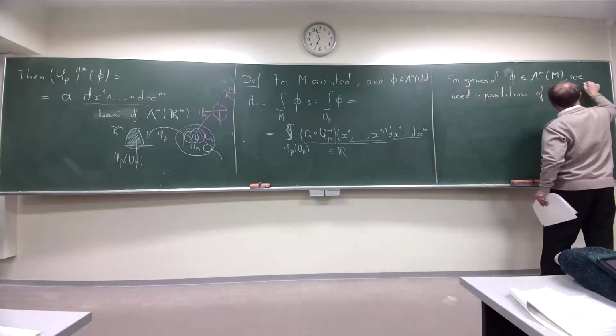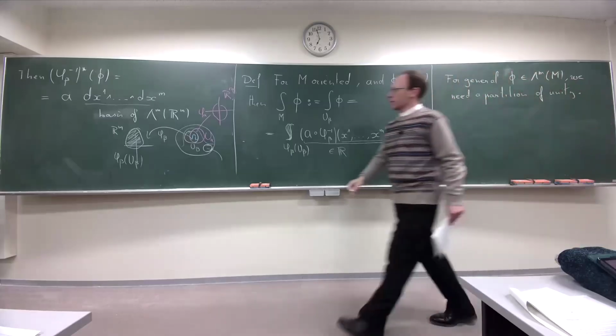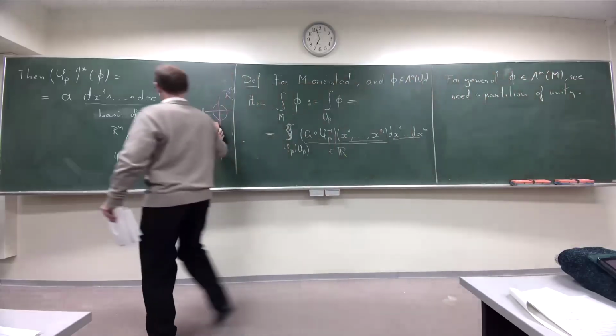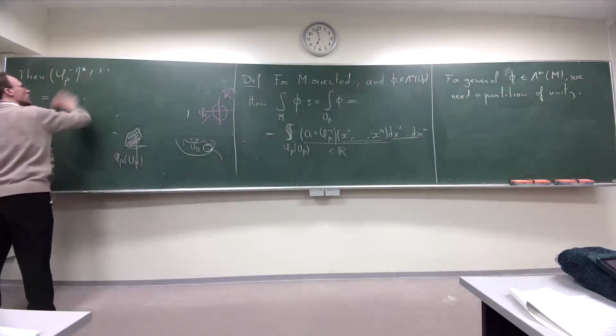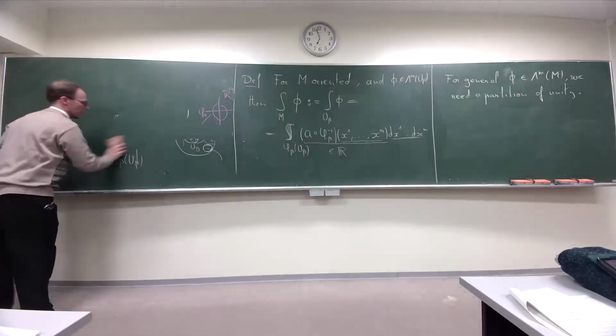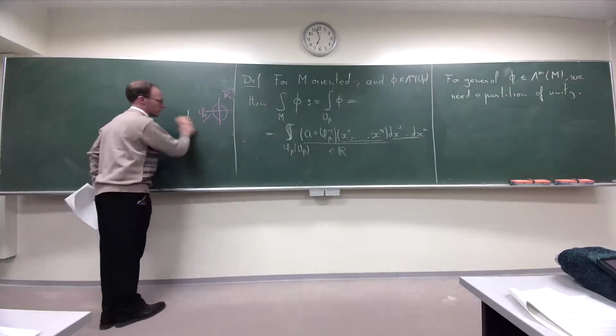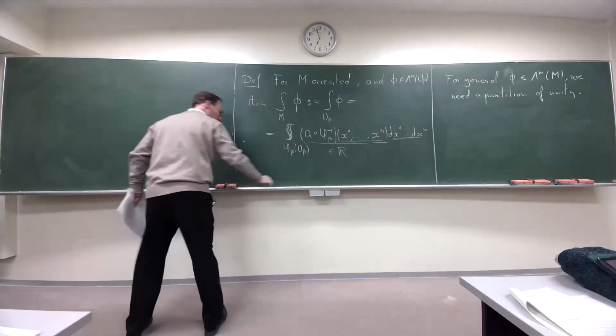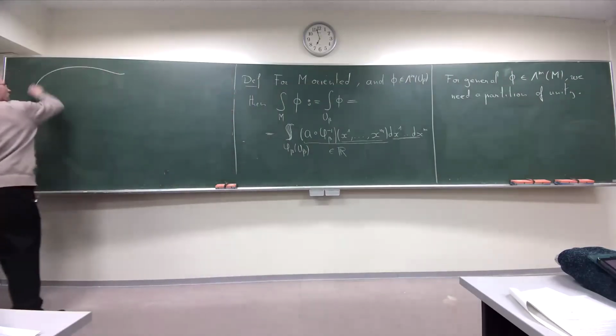I need to say just a little bit more, because let me draw again the manifold. I need a compatibility condition, which I'm going to introduce. Why? Because let's take a manifold.